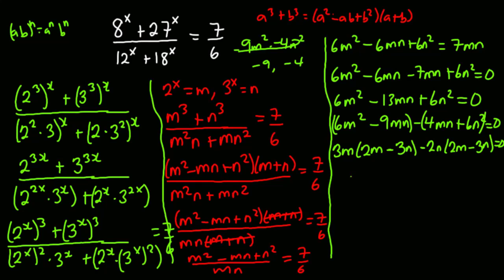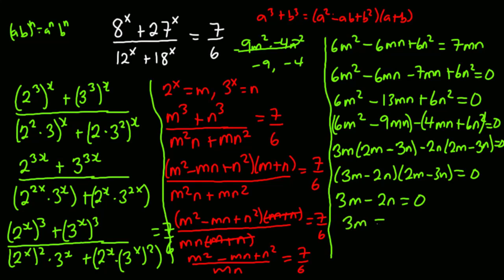And so we are going to get two factors, which are 3m minus 2n multiplied by 2m minus 3n is equal to 0. So when we have a situation like this, 3m minus 2n is equal to 0, where 3m becomes equal to 2n.